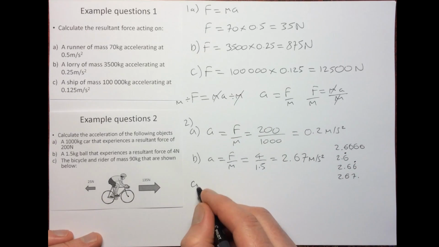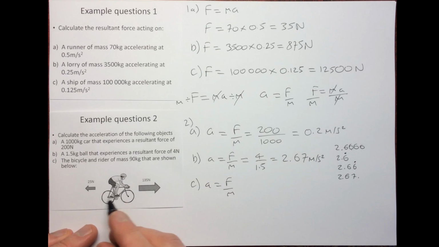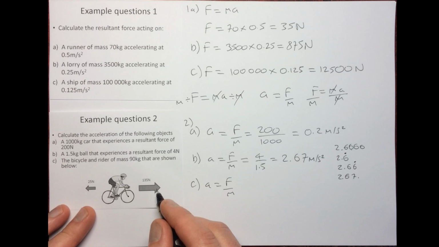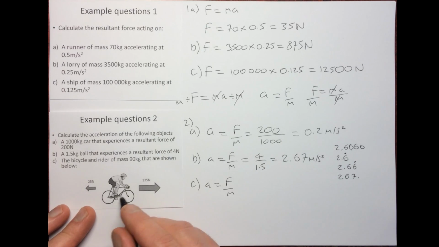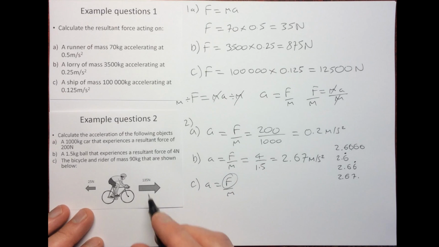Now this one, C, is a little bit more tricky. A equals F over m. Now in this situation here, you've got this cyclist. The driving force or thrust coming from them pedaling is 135 newtons, and the drag force is 25 newtons. So first thing we've got to do here is work out the resultant force, because you can't put either of these numbers in there as that's not the resultant force.